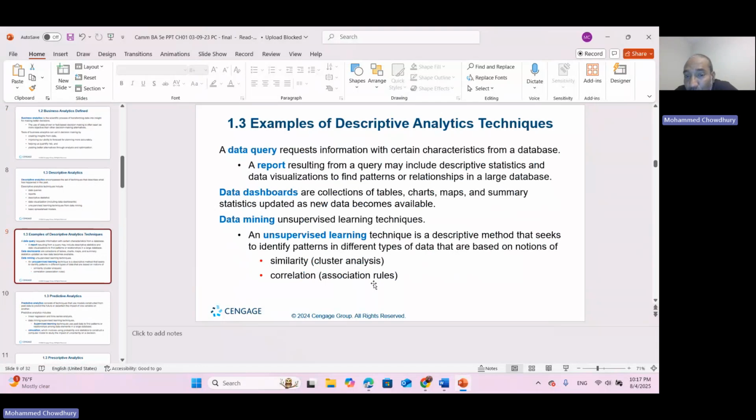So a report resulting from a query may include descriptive statistics and data visualization to find the pattern or relationship in a large database. Data dashboards are collections of tables, charts, maps, and summary statistics updated as new data becomes available. Okay, now what is a dashboard? Suppose you go to the CDC, Center for Disease Control, they have a website. In their website, you will see updates happening.